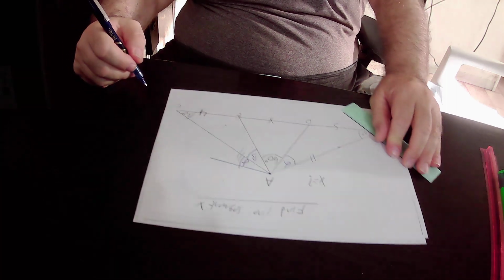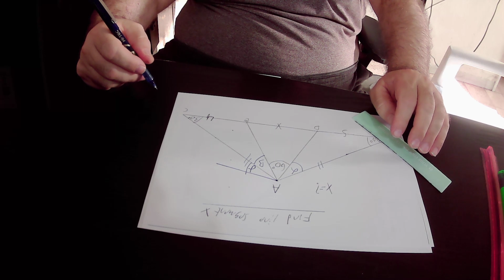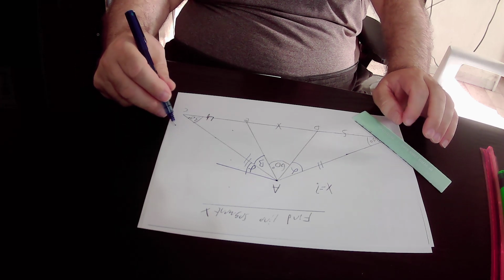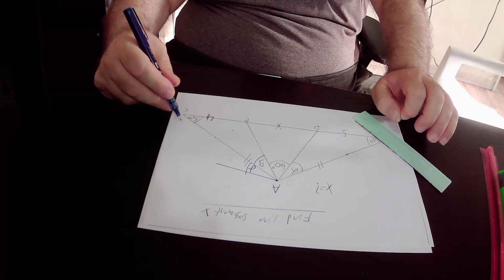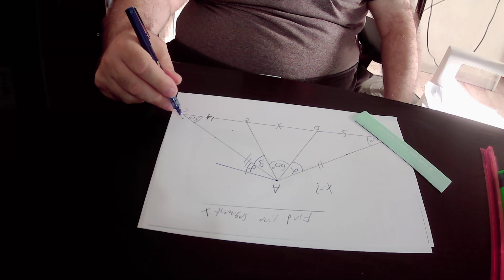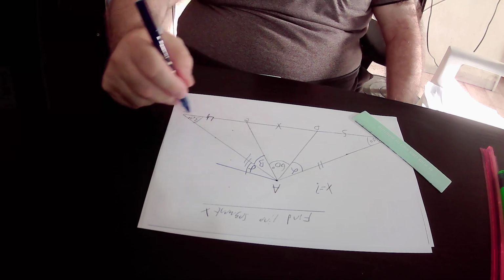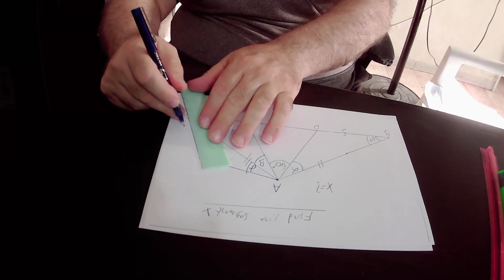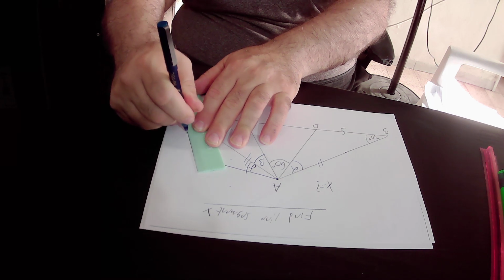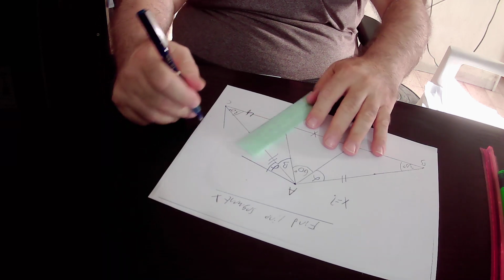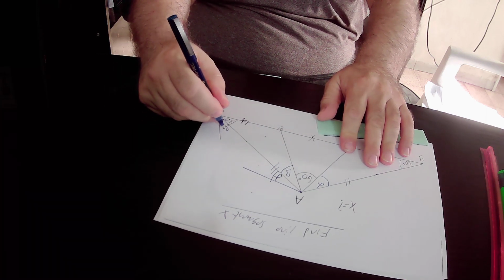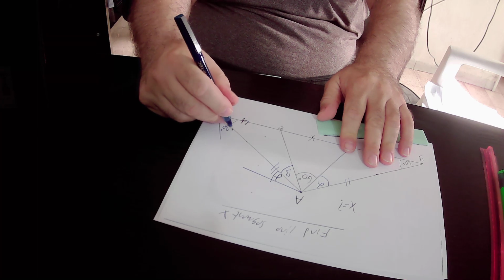The second construction that we will do is from point C: we will draw a straight line in such a way that the angle between the straight line and side CA will be equal to 30 degrees. So the angle between this straight line and side AC equals 30 degrees, also according to our construction.